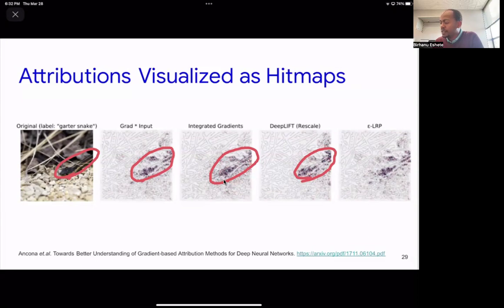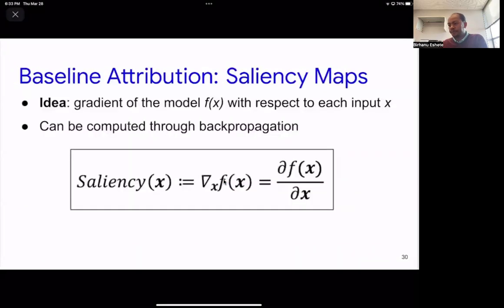And we have this epsilon parameterized layer-wise relevance propagation, or LRP, which is basically you propagate the gradients that you compute at each layer of the neural network. Okay, so this is another example of using different approaches of attribution for visualizing attributions through heat maps.